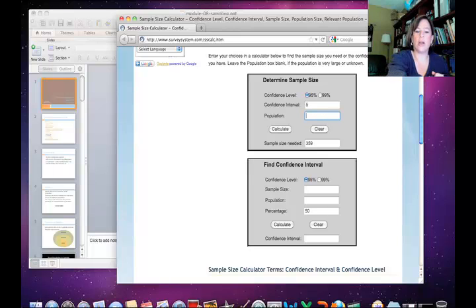For the attitude and awareness survey of the community, I'm looking at the service area of the college, looking at nearly 200,000 people in the population. Look, I only need 383 people to complete the survey in order to be representative of that population.